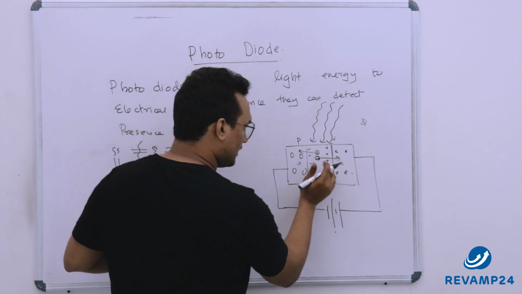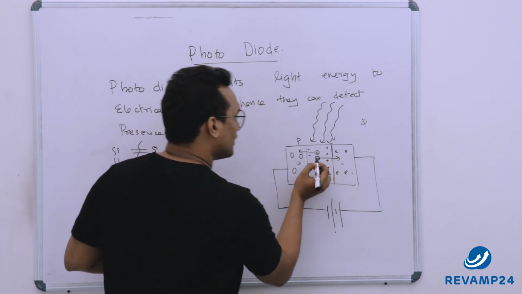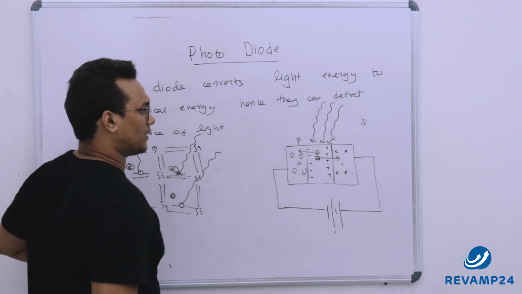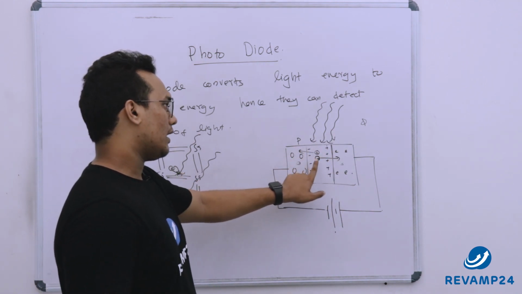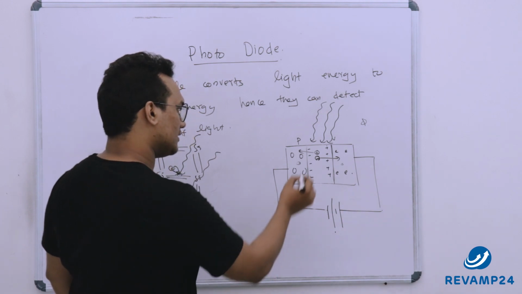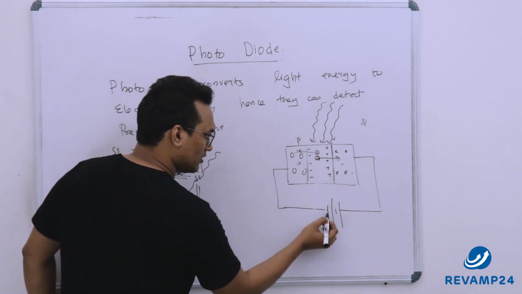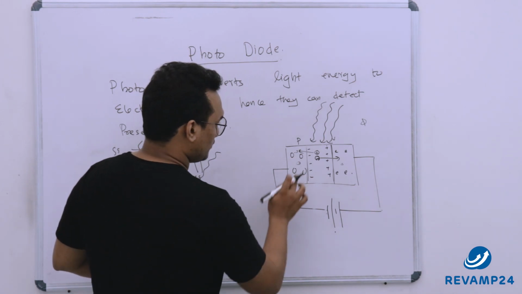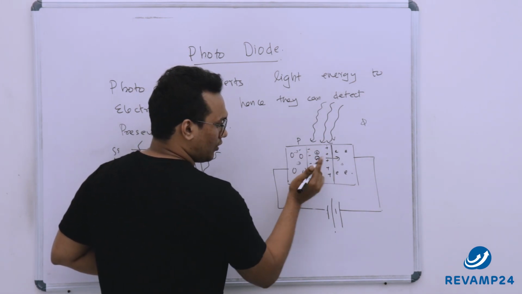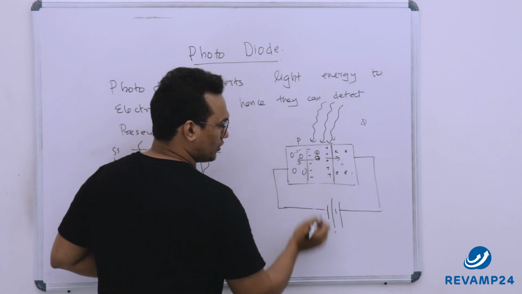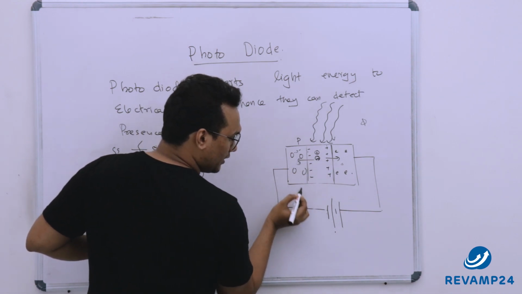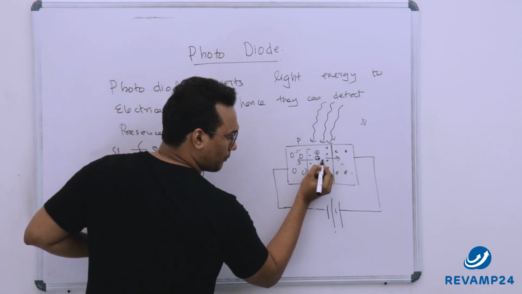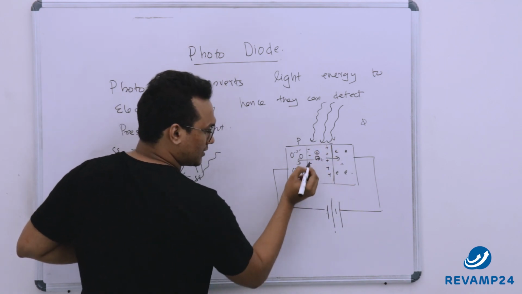So the moment it is generated, these electrons and holes are taken towards N and P respectively. Electrons will come to N and holes will go to P, because holes will be attracted by the negative terminal and even repelled by the barrier potential.